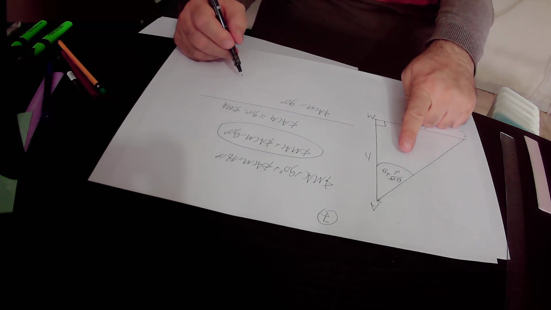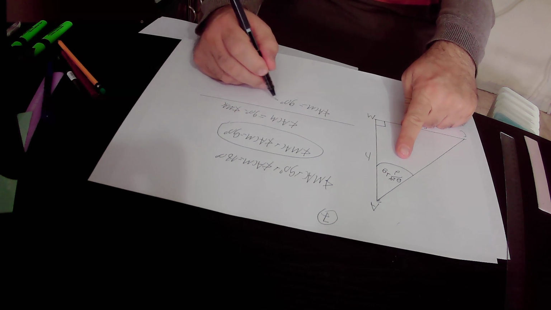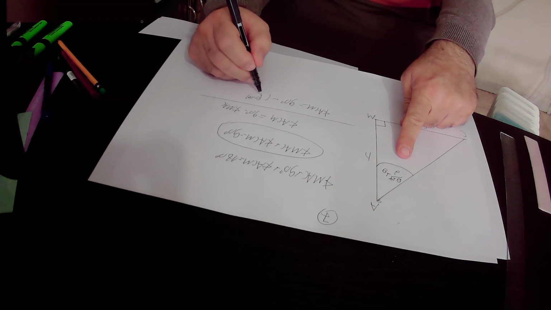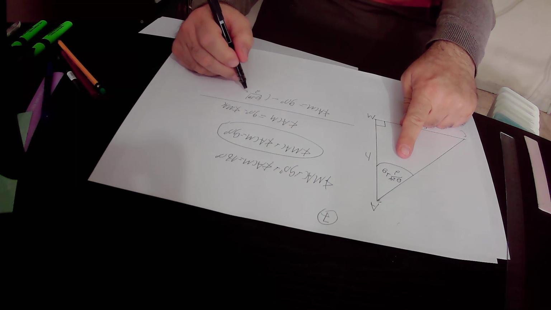But we have already found out that angle MAC equals theta plus alpha over 2 plus theta.